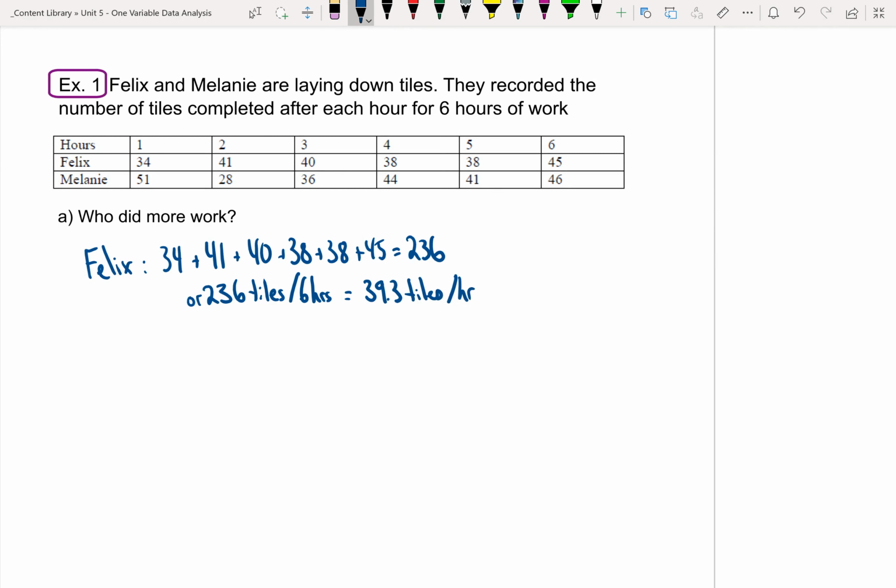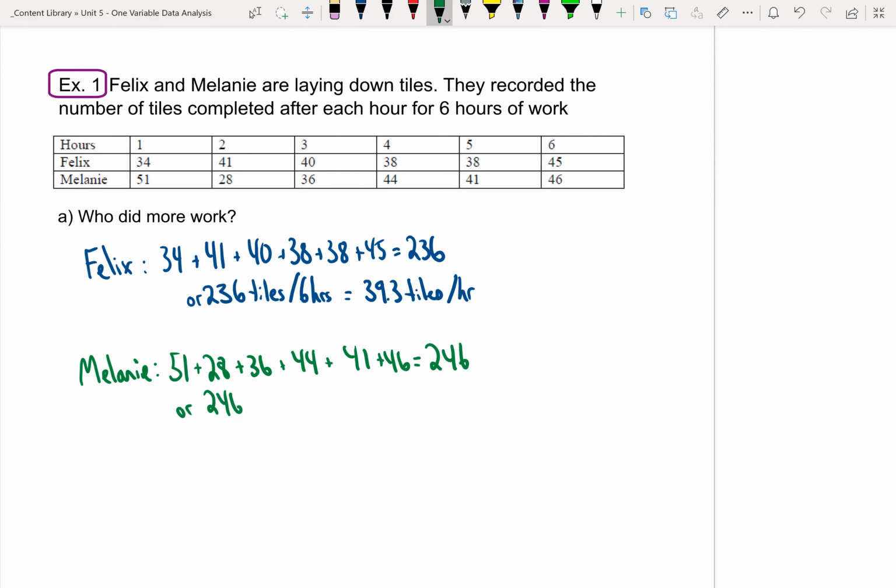And finally, for Melanie, we can do the exact same thing. We can add up how many tiles she laid down. So 51 plus 28 plus 36 plus 44 plus 41 plus 46 works out to about 246. So you can already see that she's laid down more tiles.